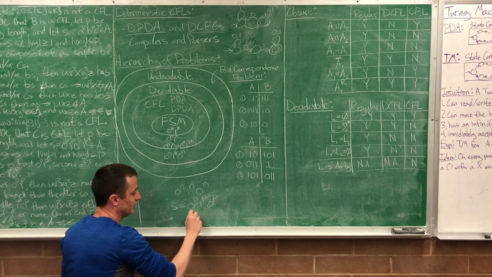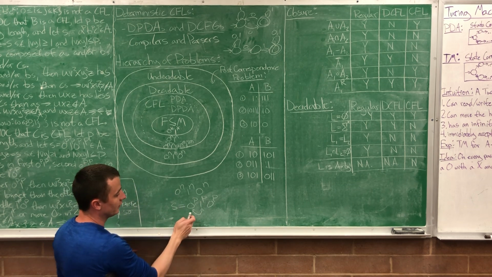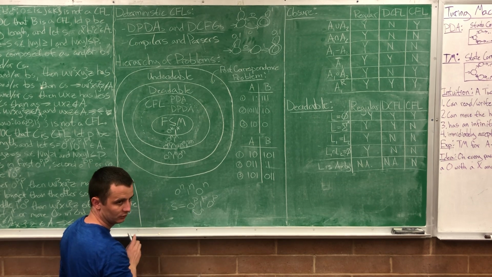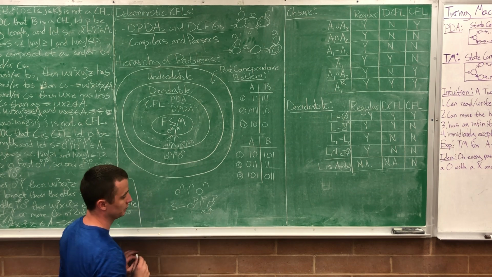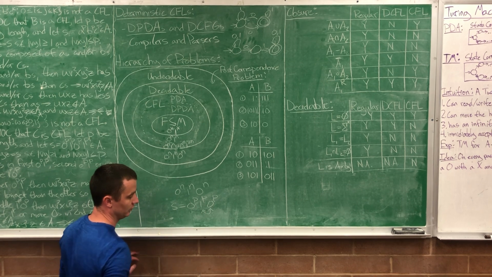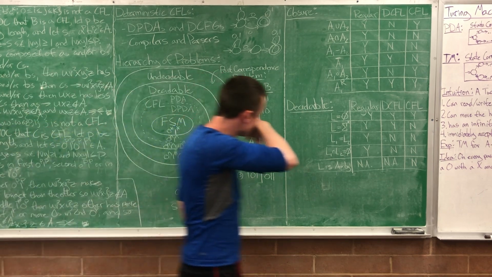Pumping it up once is either going to give you more 0s here than 0s here, or more 1s here than 1s here. And if it's contained completely over here, in one of these two, possibly both, pumping it up once makes more 0s here than here, or more 1s here than here. So that's how we prove it.